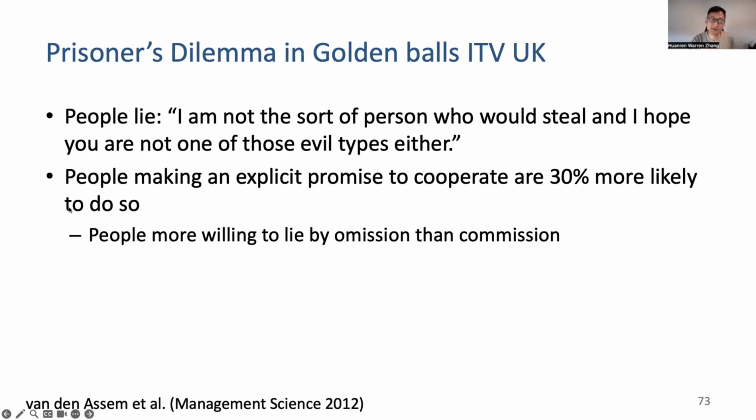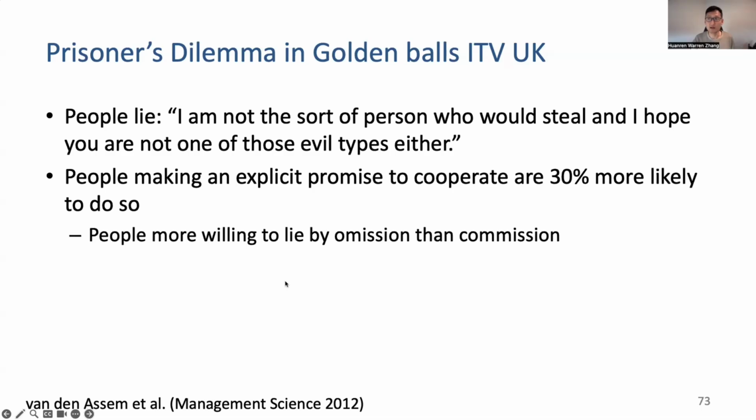We also observe that people making an explicit promise to cooperate are 30% more likely to do so. So this explicit promise is a good signal. 30%, of course, is not a foolproof sign, but it's a good predictor, because people are more willing to lie by omission than commission.